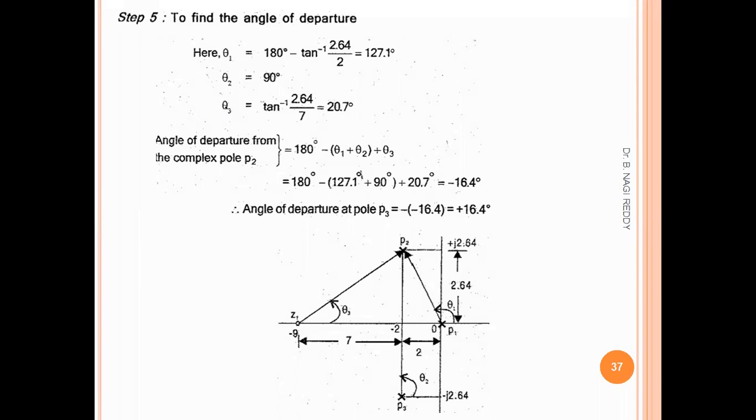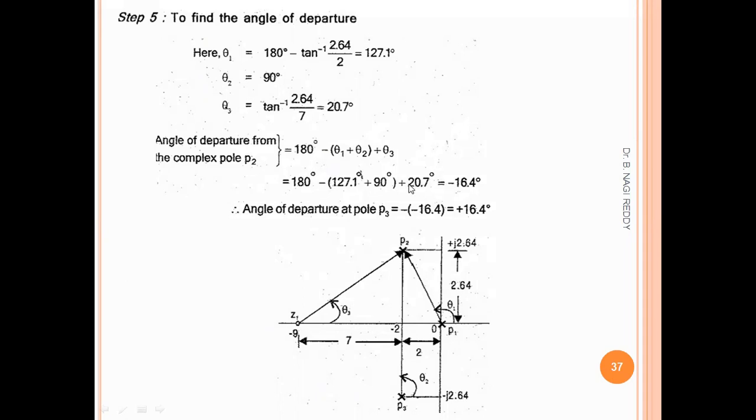Okay, and then substitute these values and simplify. You'll get minus 16.4 degrees as the angle of departure at pole P2. In the same way, we can calculate for pole P3 also, but we can directly write it. Don't do all this simplification.